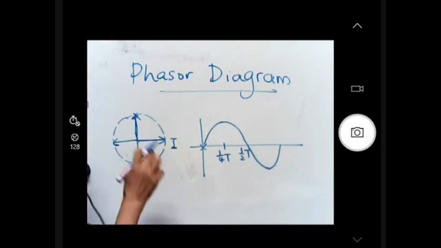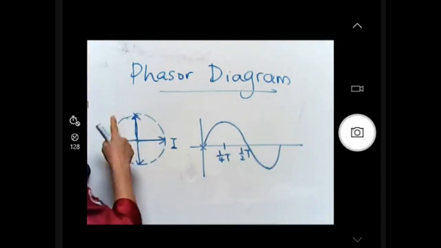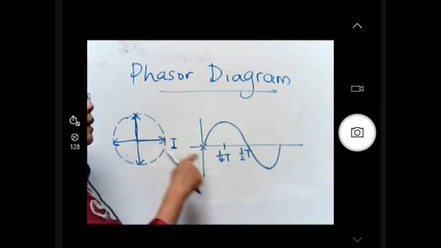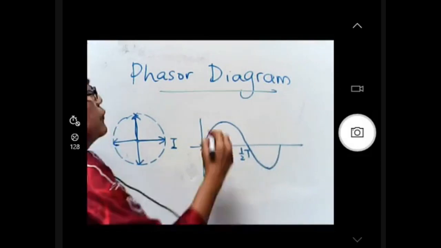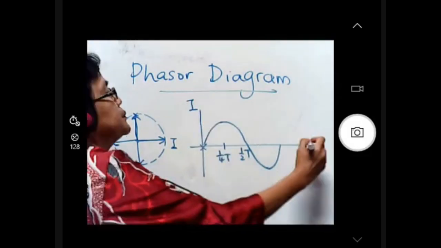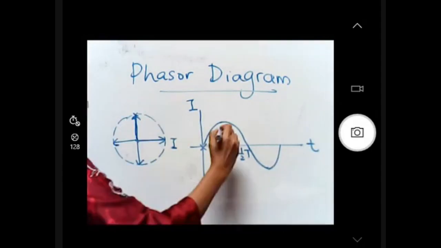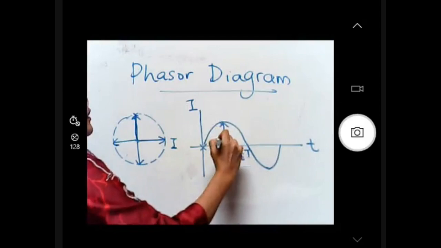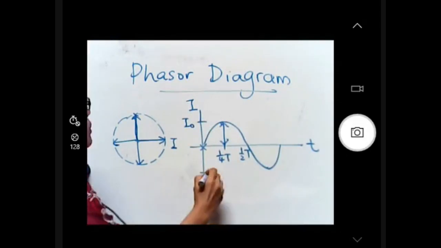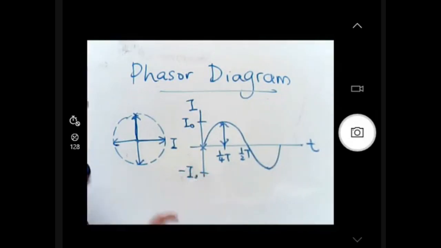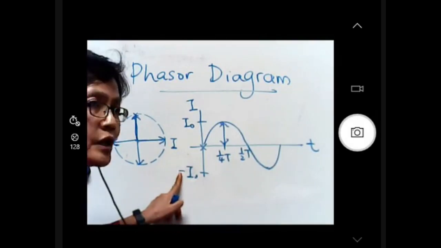So using a phasor diagram, we can see that this current has completed one circle, meaning it has completed one cycle, against time. This value is the maximum value, or amplitude, or peak value of current on both sides, just in the opposite direction. So the peak value is I naught. The negative is just to show the direction, that's all.